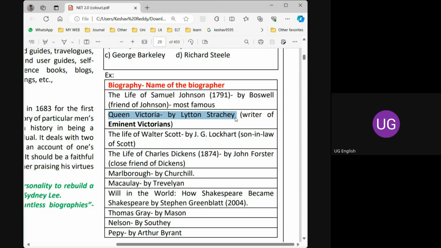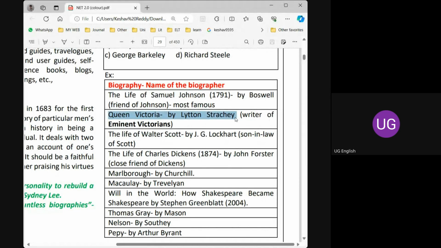Who is Lytton Strachey? We discussed it in the Victorian age, and even in my class when I was talking about elegy. Queen Victoria's biography is written by Lytton Strachey. He's the writer of a famous book called Eminent Victorians. Do you know how many Victorians were mentioned in this book?